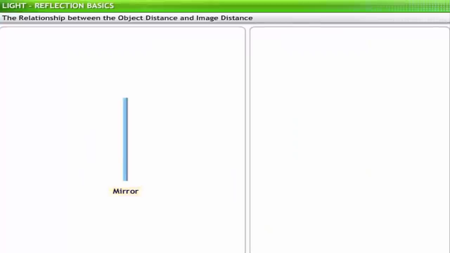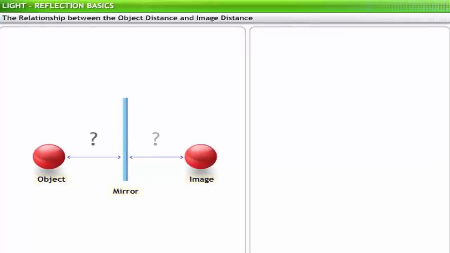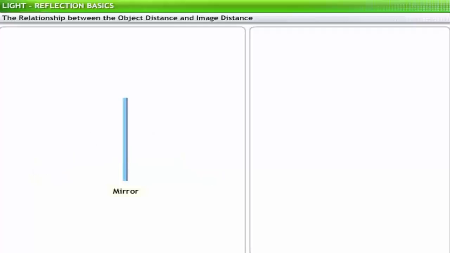How will you verify whether the distance of the object from the mirror actually equals the distance of the image from the mirror? Consider two rays from a point object O placed in front of a plane mirror. The ray of light, which is incident normally at point A, is reflected back along the same path.